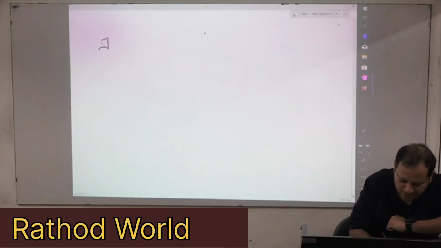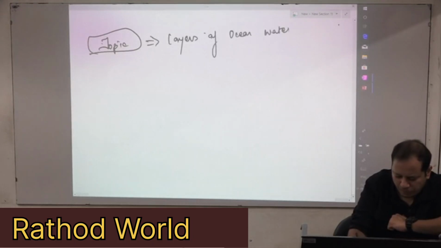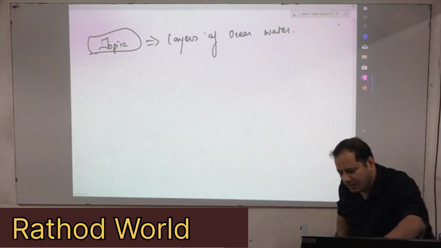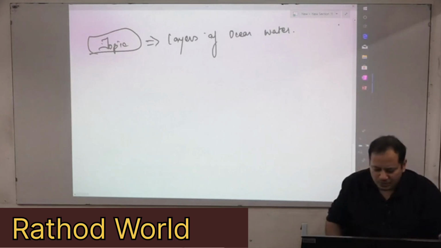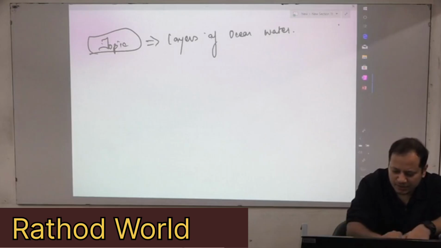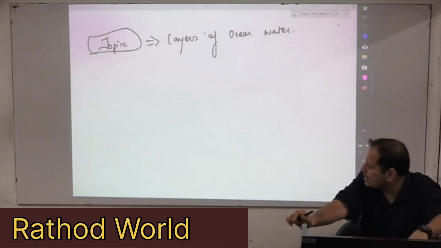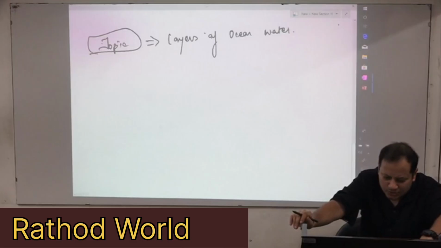Now the next topic we are going to do is the layers of ocean water. Fine. So you can take this map along with me when I do the layers of the ocean water, or ocean habitats, or whatever you call it, the oceanic zones of the world.